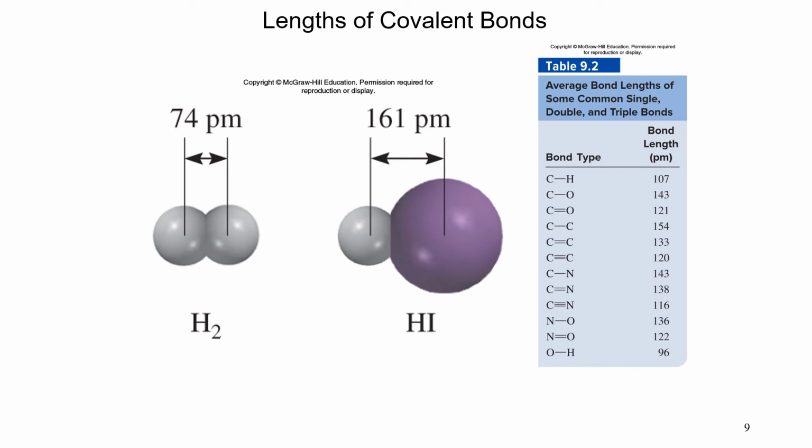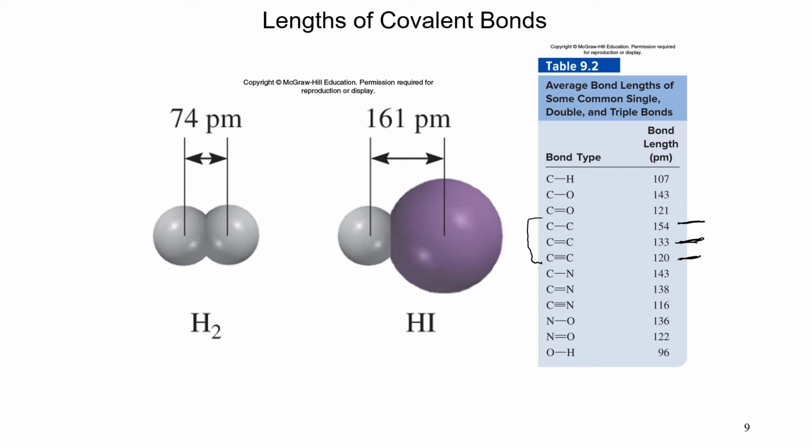And if we look at this table, let's look at carbon here, these 3 CC bonds. The carbon-carbon bond has a bond length of 154 picometers, but when we look at the double bond, that bond length has decreased. And we look at the triple bond, and it's decreased even further.